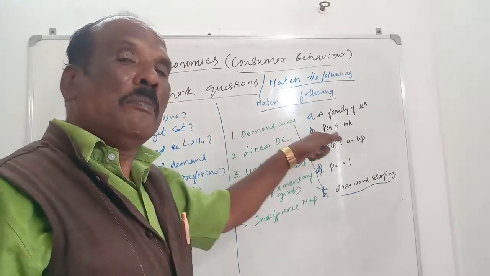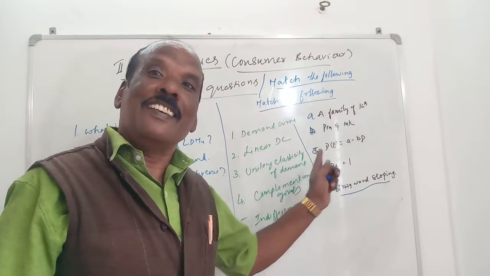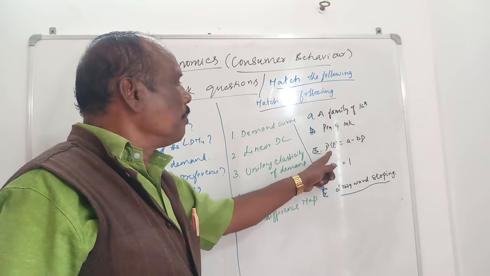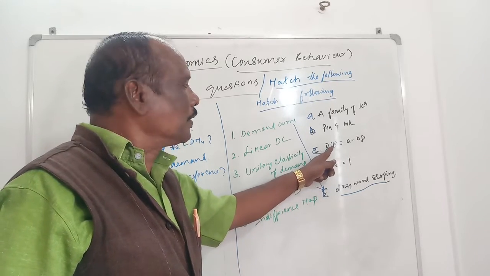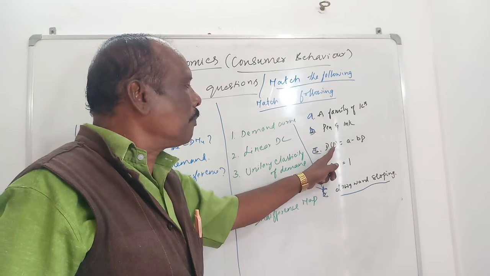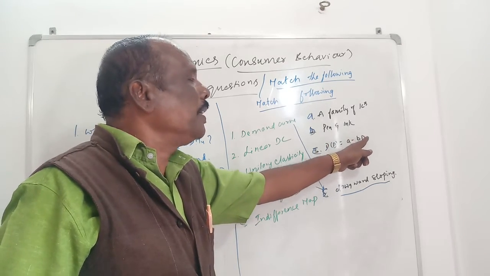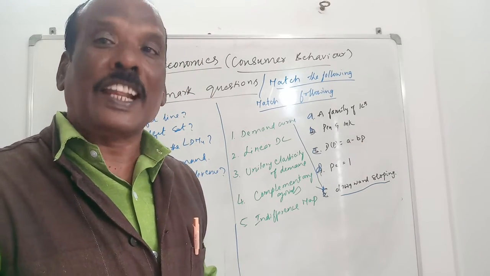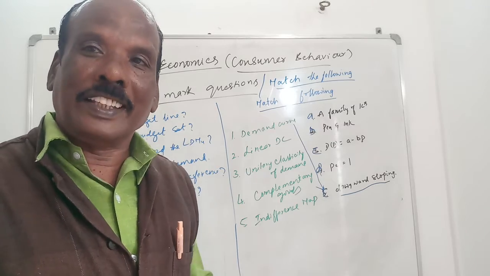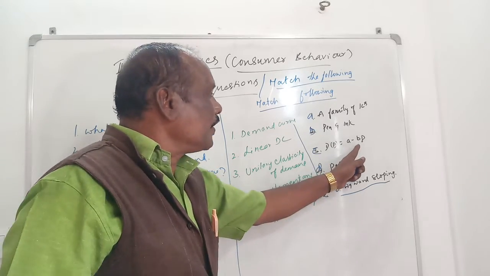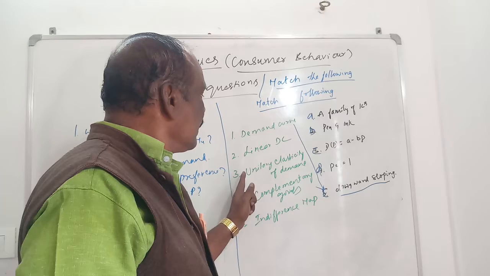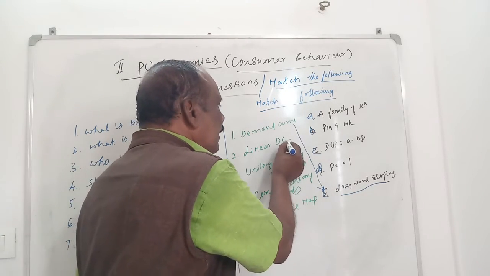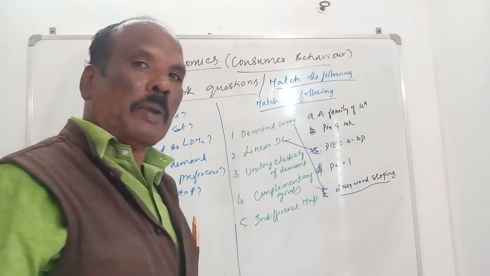And linear demand curve, the formula of linear demand curve is: demand is a function of price, D(P) = A - BP. Minus is used because of the negative, inverse relationship between price and demand. This is the formula of the linear demand curve. So you should write this and match it.